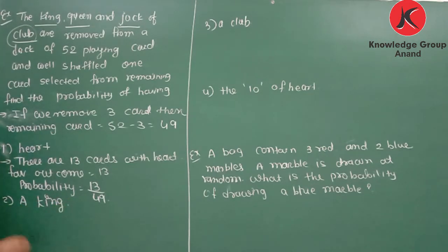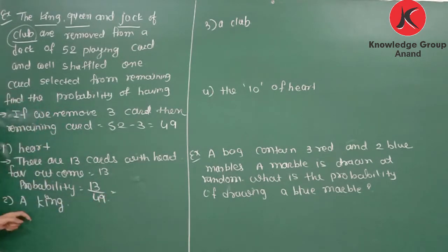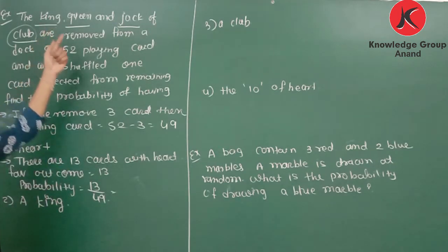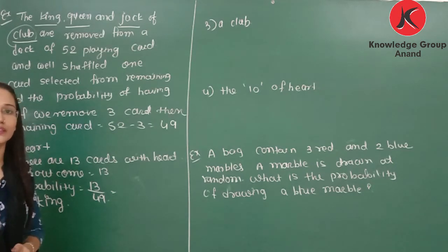Now next, a king. Now, how many kings are there in the well-shuffled cards? Here, one king is removed. How many total kings are there? There are total 4 kings. Okay, but one king is already removed. So, how many remaining kings? There are 3 cards that contain a king.